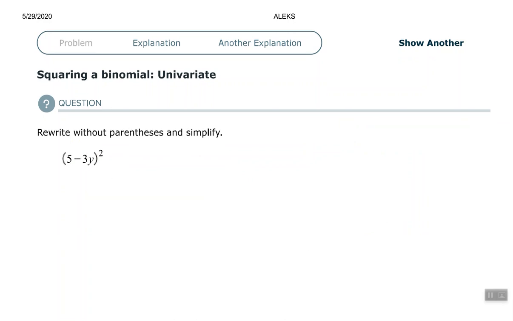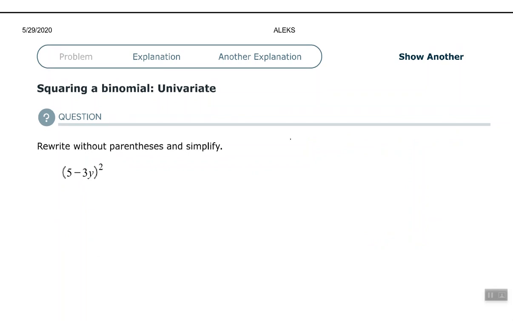Alright, so here we have 5 minus 3y squared. So we're going to use the same pattern except the sign on the second term is subtraction. So we have a squared minus 2ab plus b squared. So the first term squared minus 2 times the terms plus b squared. And again, once you're filling in the formula, don't worry about the signs. The signs have been taken care of with the formula. So 5 is in the place of a and 3y is in the place of b.